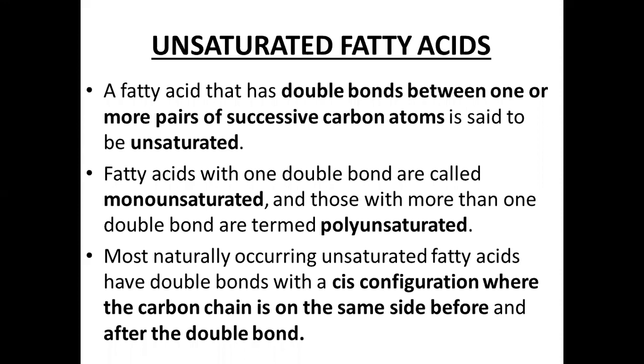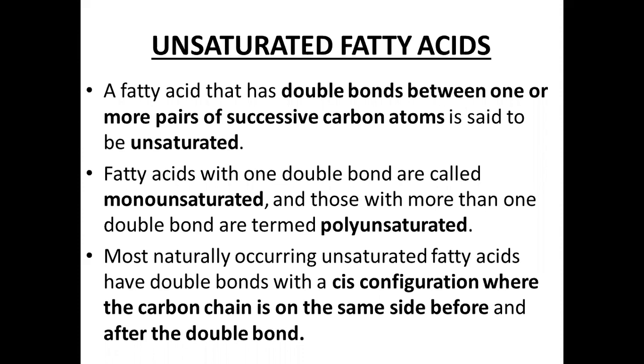So remember we talked about the cis and trans configuration, also when we talked about isomerism. When we look at unsaturated fats, we find that most of the unsaturated fatty acids occur in a cis configuration.